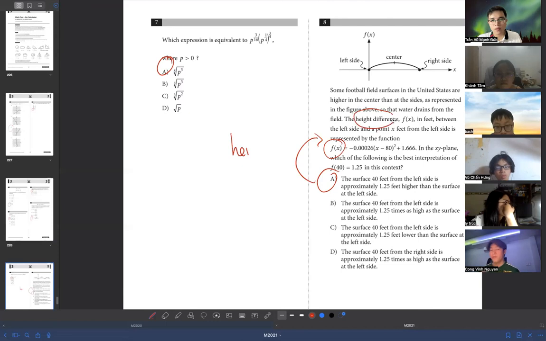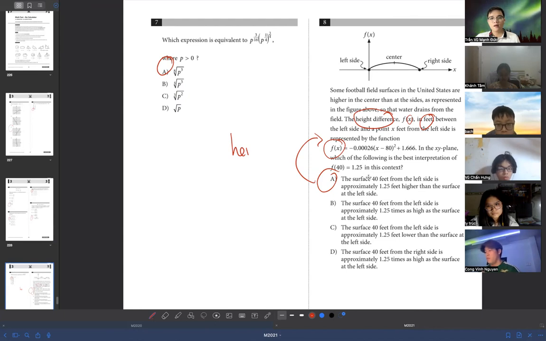In this case, x is in feet, right? So we're going to say that f(40) equals 1.25, meaning the surface 40 feet from the left side is approximately 1.25 feet.